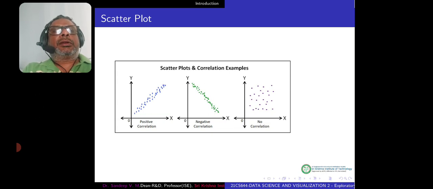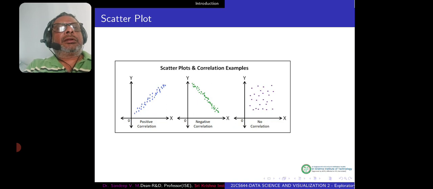But if you look at the green points, as the x value is increasing, the y value is decreasing. So we can say that there is negative correlation between x and y. And in the third one, I don't find any relation. If x is increasing, I can't say what is happening with y, because for every value of x, every value of y at different places is possible.